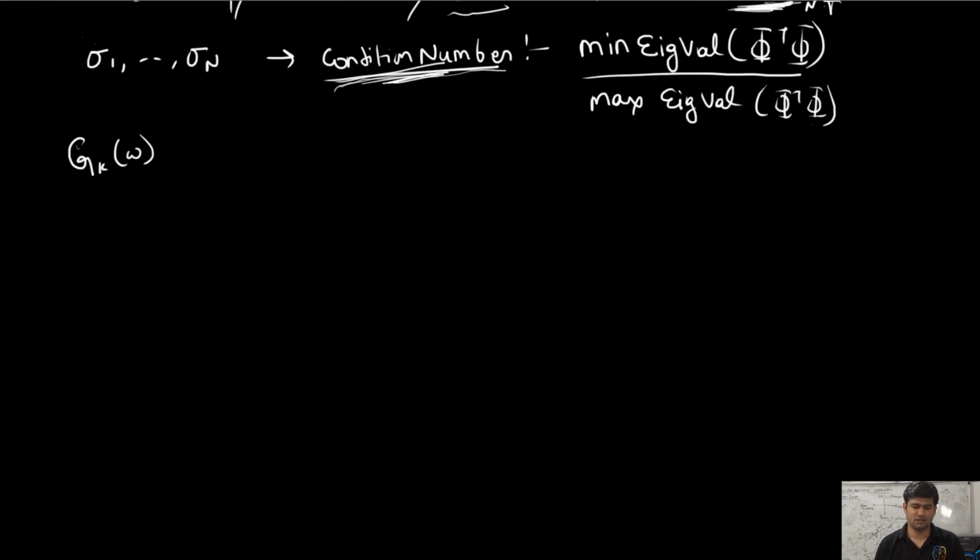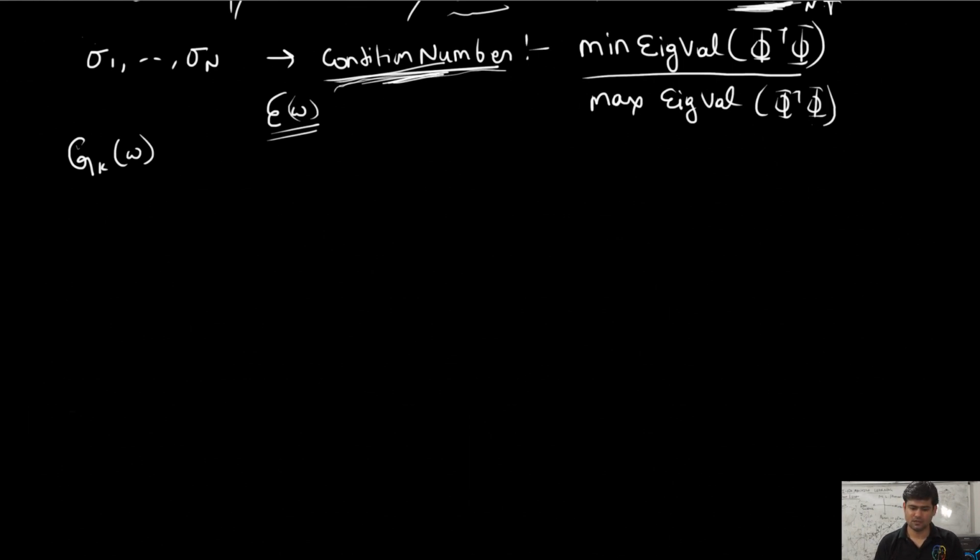Along with that, it should be easier to minimize, perhaps a convex differentiable function, because the original loss function E of w is both convex and differentiable. So it would make sense only if g of k is also a convex and differentiable function.